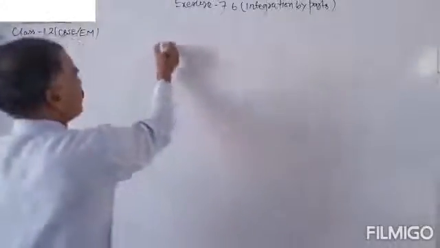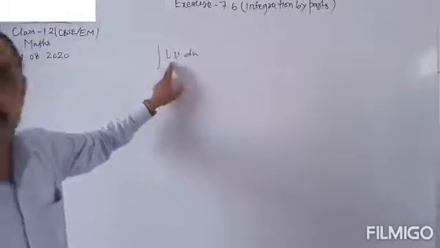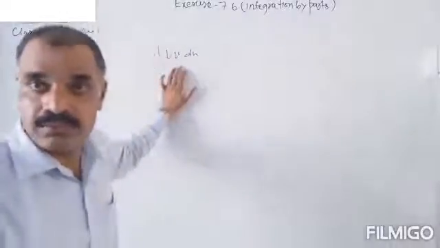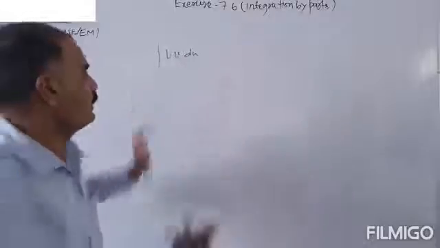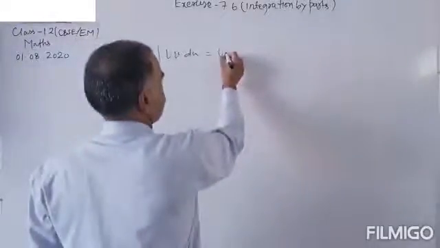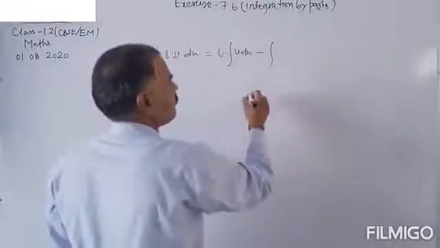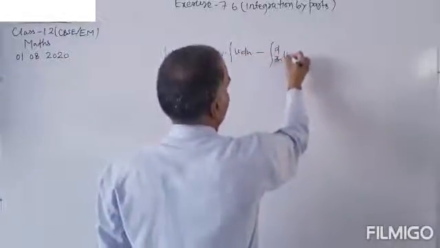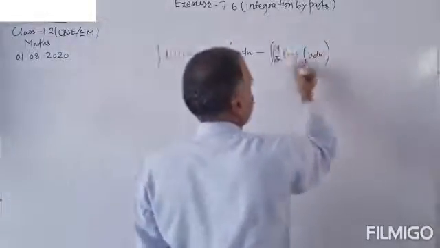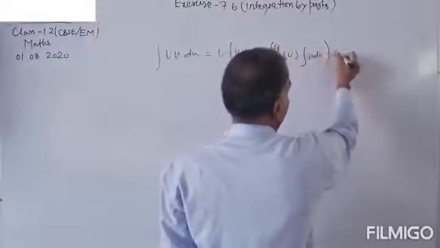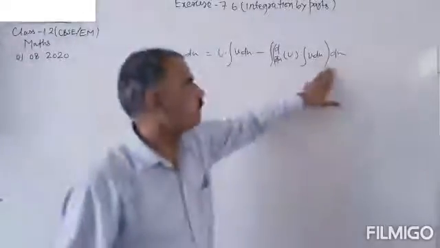This is integral of u v dx, meaning if u and v are any two functions in product form, then its integration of u v dx is equal to the first function, that is u, times the integration of v dx, minus the integration of the product of the differentiation of u and the integration of v dx. So this is the formula for integration by parts.